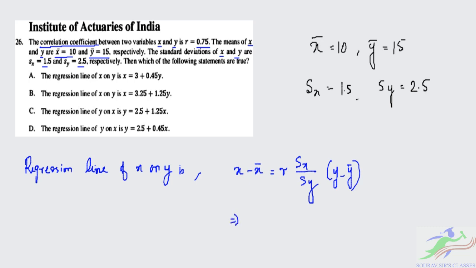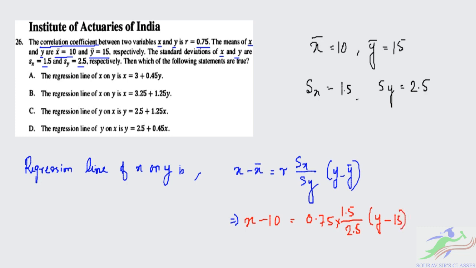So from here you can simply put in the values: x minus 10, r is given as 0.75, sx is given as 1.5 and sy is 2.5, times y minus 15.